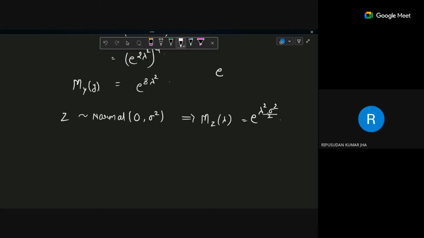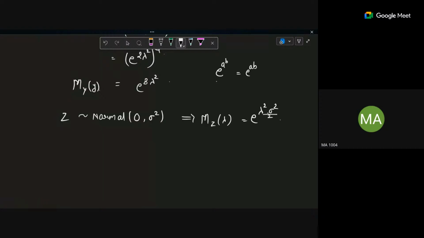What if I write e raised to the power a, raised to the power b? Can I write it as e to the power ab? Are they the same?